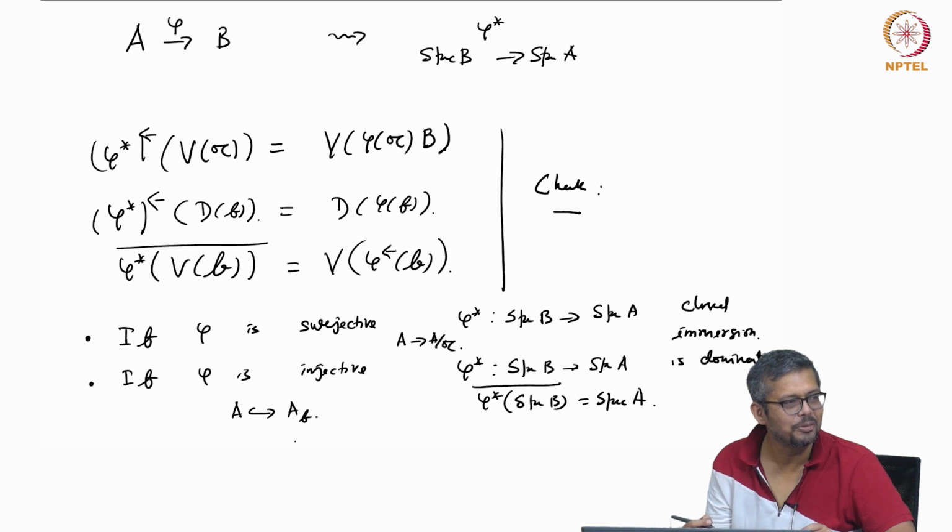Always think of this, that whenever you have dominant, the closure of the image of Spec A_f will be Spec A. Assume A is a domain, that is, irreducible. If you take A to be a domain, and this map is the inclusion map A to A_f, then Spec of A_f to Spec of A is a dominant map, because Spec A is irreducible. 0 is a prime ideal.